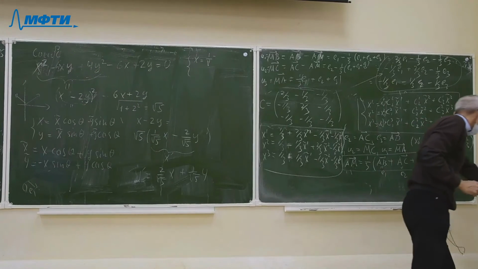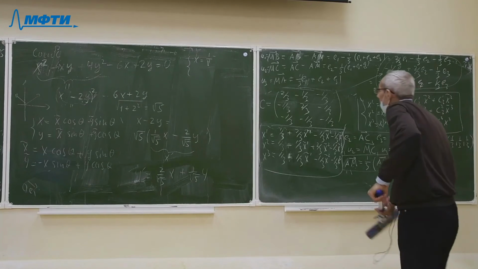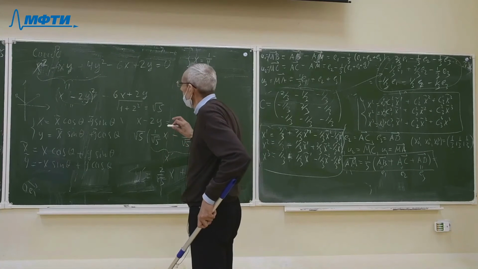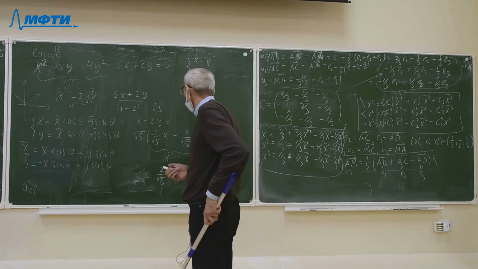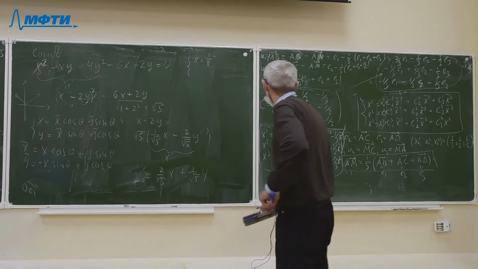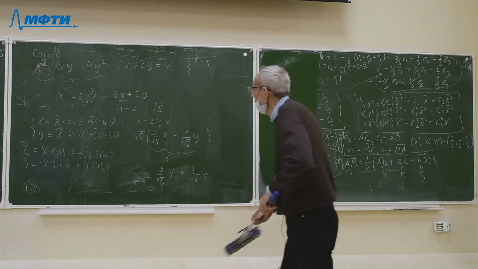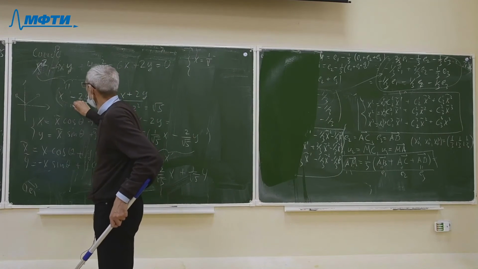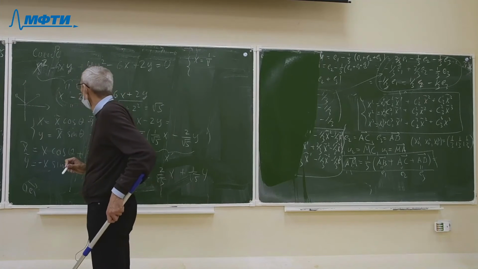I write this expression in more detail. I try not to use the formula, using a simpler way to obtain the result. We have the following observation. This expression is a full square of this quadratic form.